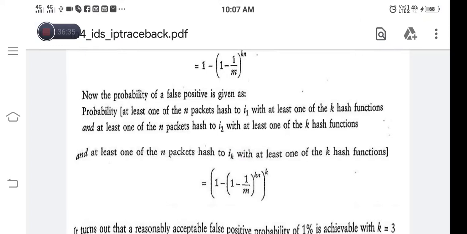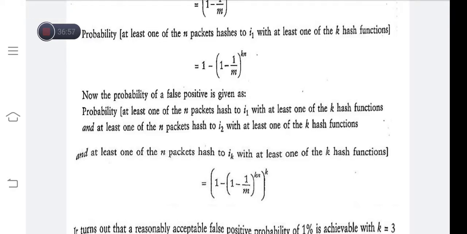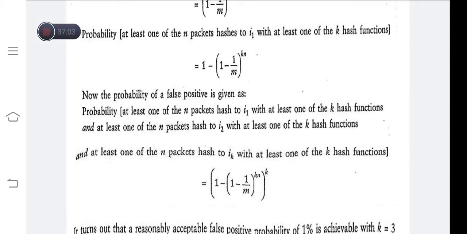Because on a single packet we are using more than one hash function. For each hash function we have the output I1, I2 etc. up to Ik, which are the indices into the array. So we need to find all the indices with respect to each hash function for a packet. So at least one of the n packets hashes to Ik with at least one of the k hash functions is 1 minus of 1 by m to the power kn, whole to the power k.